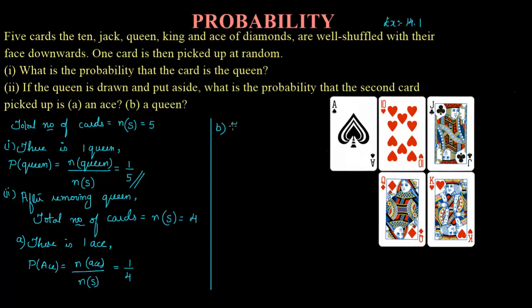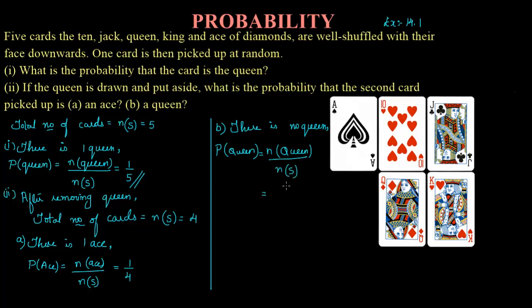So probability of getting a queen is the number of queens divided by total number of cards.